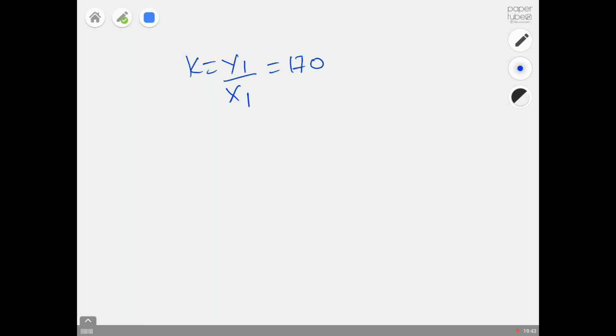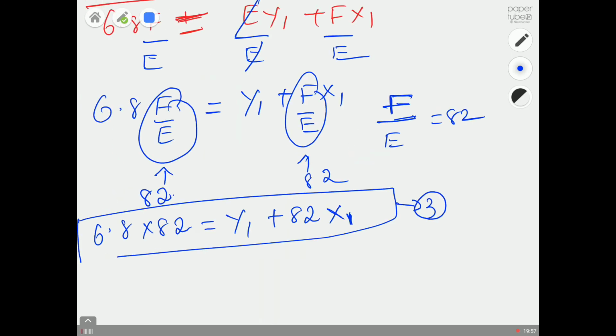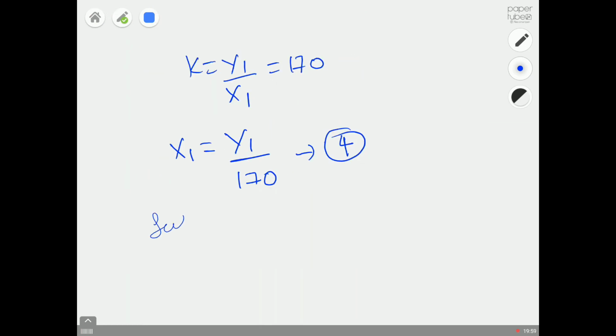So x1 should be equal to y1 by 170. Let's call this equation 4, and let's call the earlier one equation 3. So substitute equation 4 in 3.